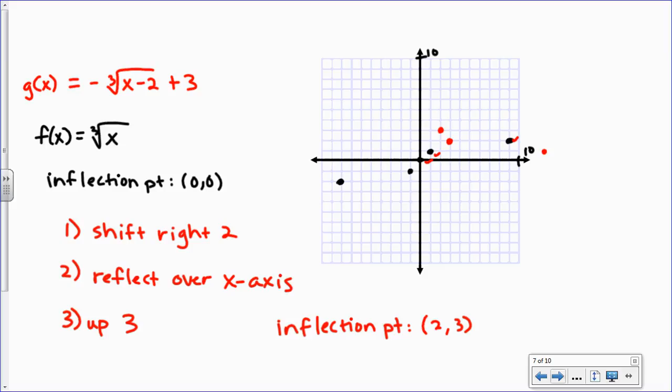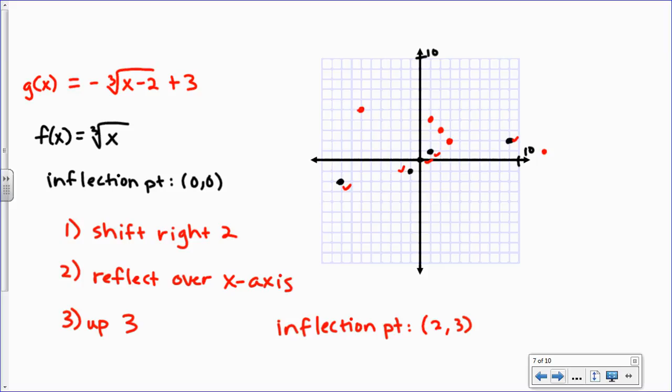Okay, so if I do this one, I shift right 2, so I'm here. I reflect over X, so I'm here. And then I go up 3. So my final point is there. Okay. And then this last point, I go right 2, reflect over X, and then up 3.